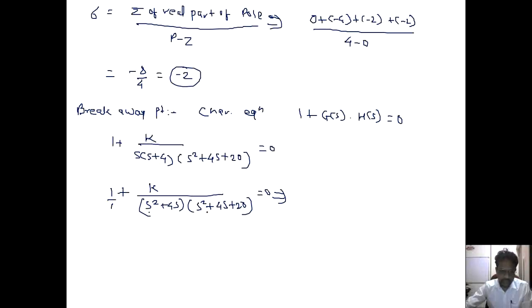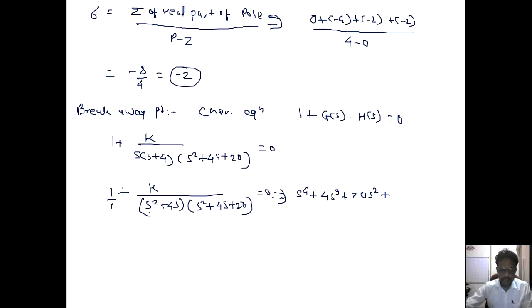So s square into s square, s raised to 4 plus 4s cube plus 20s square, plus now multiply 4s by s square plus 4s plus 20.